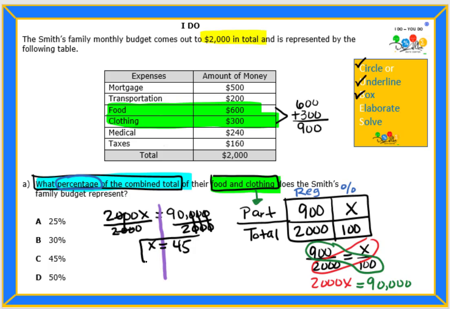So x equals 45. But remember, x is in the percent side of our percent box, so that would be 45%. So food and clothing combined uses up 45% of the budget. So our correct answer is C, 45%.